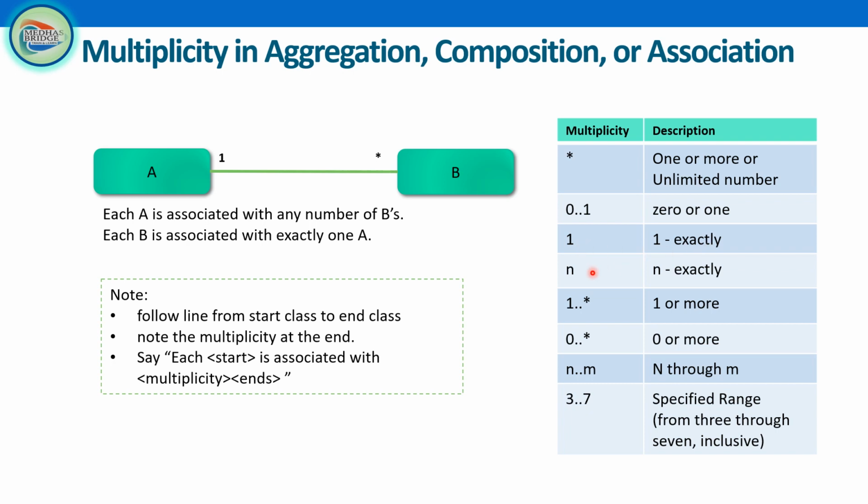N means a number, n cardinality, like 4 wheels, where 4 is the cardinality. 0 to star means either none or many. That is the relationship. If you put numbers like n and m, n through m means a specific range, which can be represented with n to m.